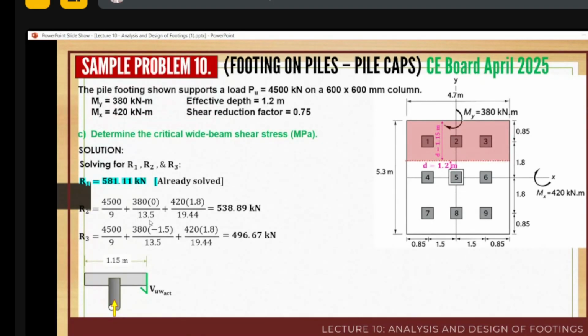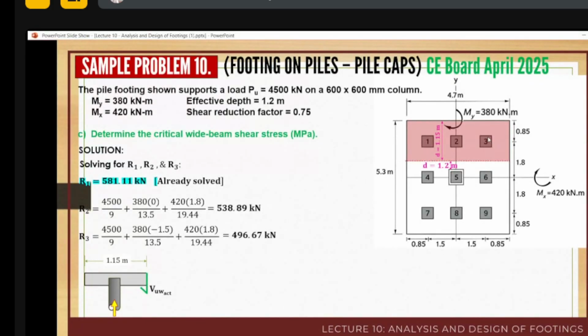Divided by 13.5, of course, the summation of x squared along the x direction. Then for the Mx, we have 420, and the y direction is 1.8, divided by the summation of y squared. So you get R2 of 538.89.